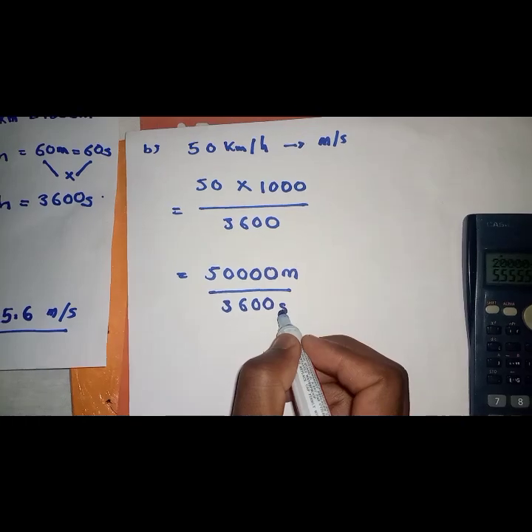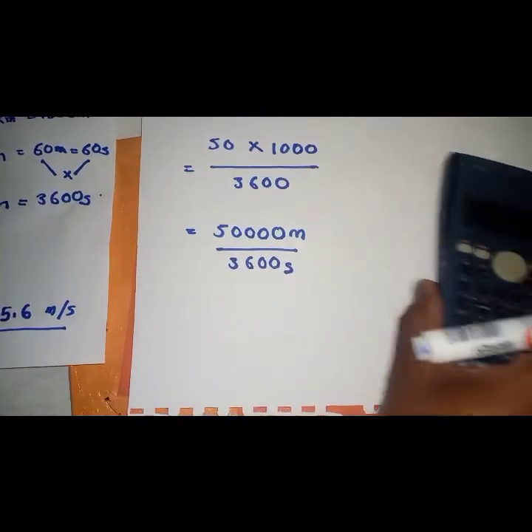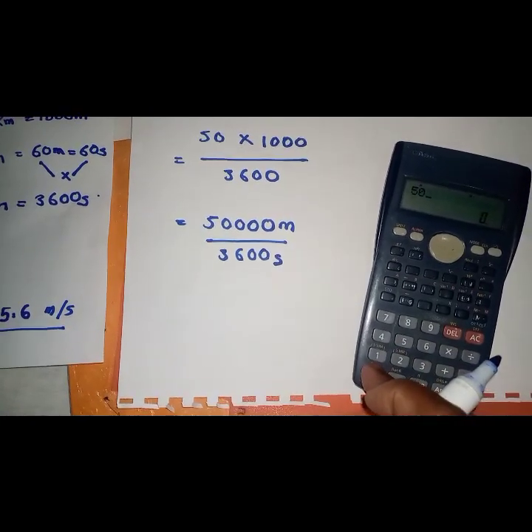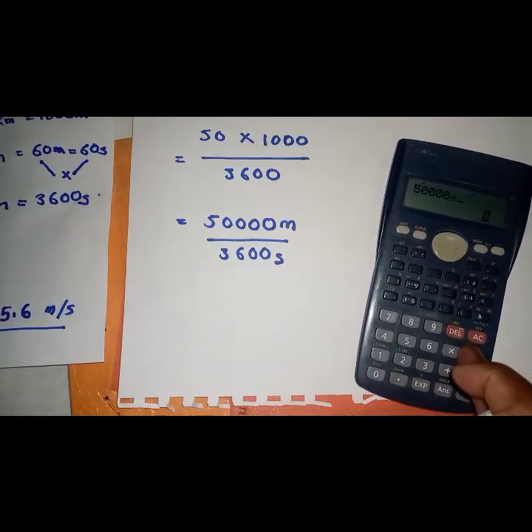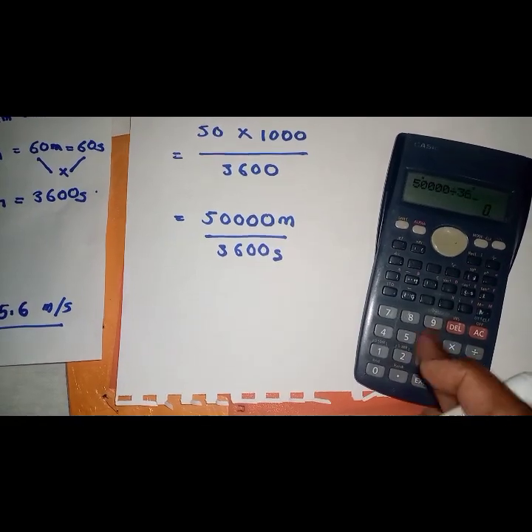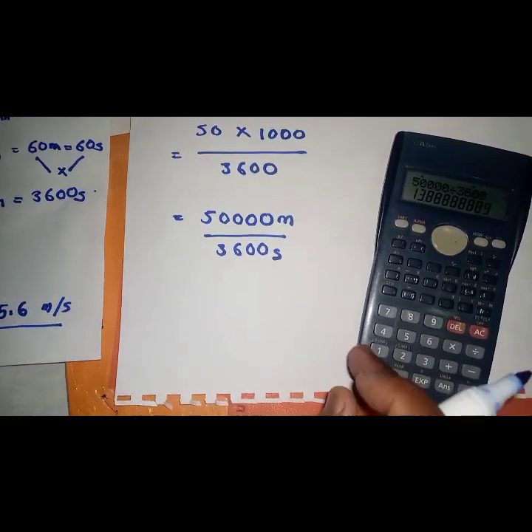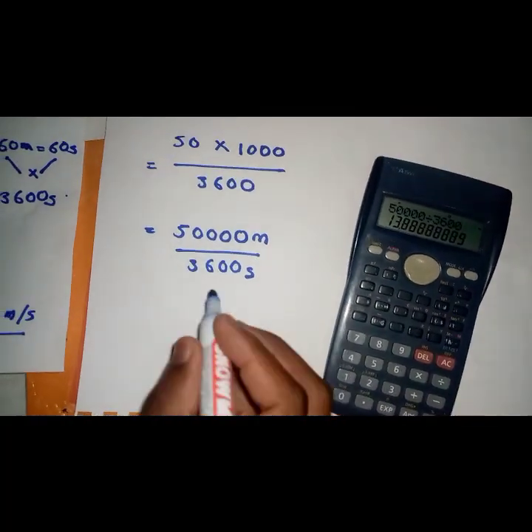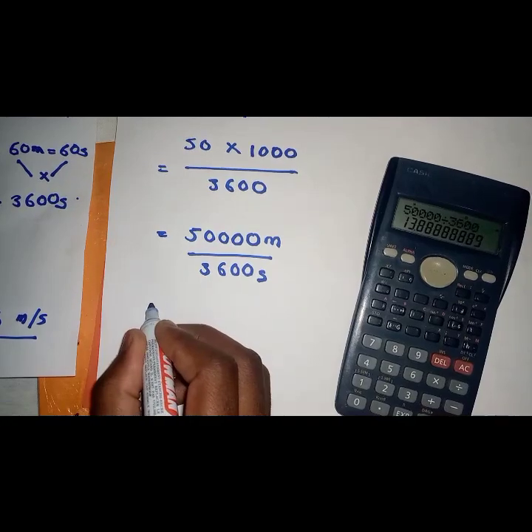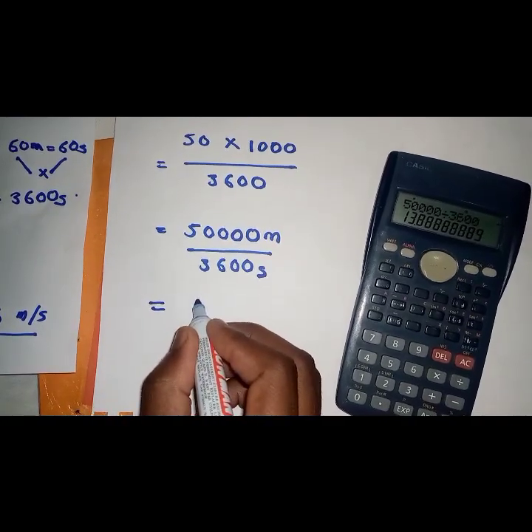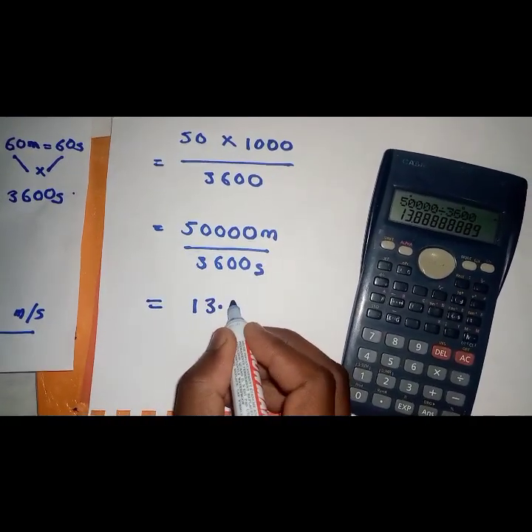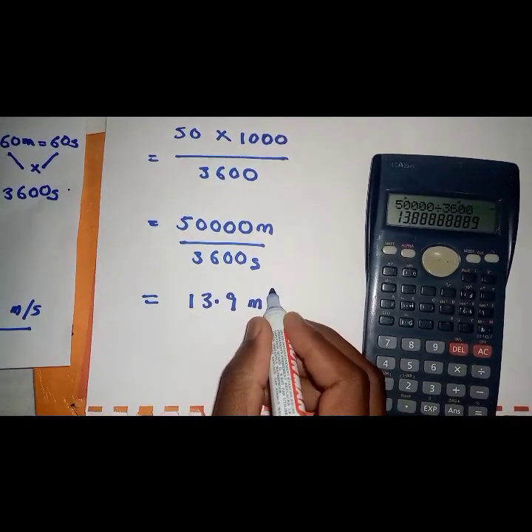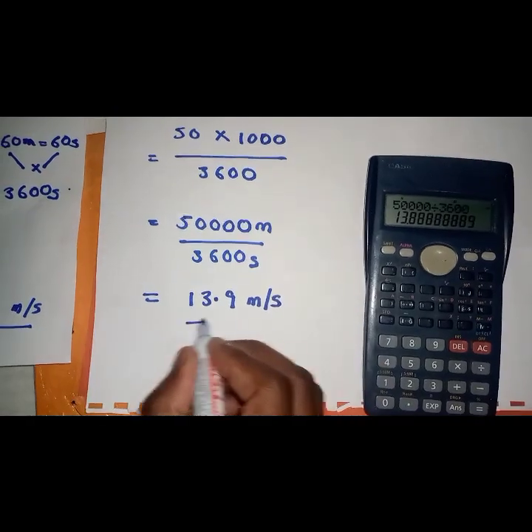3,600 seconds. Okay, so if we had to use our calculator here, let's say 50,000 divided by 3,600, what we are going to get is 13.88889. So this can be written as 13.9 meters per second.